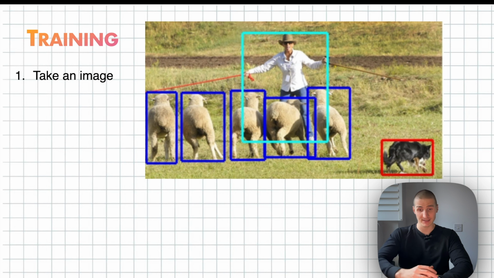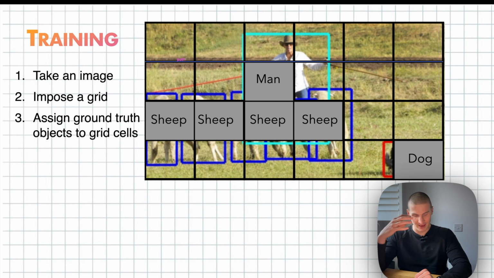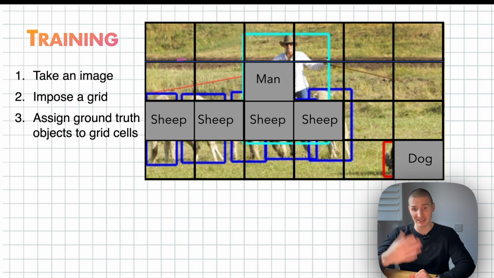Now, let's go over the training process and the inference process one more time, just to make sure that we properly understand how it actually works. So we start with just taking an image, then we impose a certain grid on top of that, and then we assign every ground truth object to grid cells. So we don't need any extra manual labeling or annotation for that. We can always compute the precise center of the bounding box, knowing the bounding box itself, and then decide where to put it in the grid cell automatically without changing the data set.